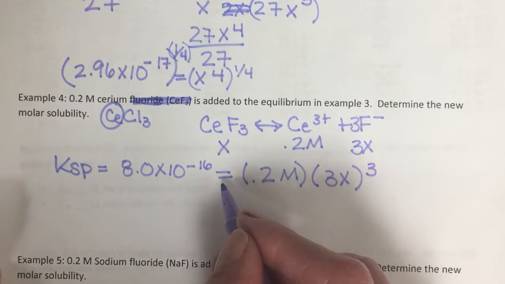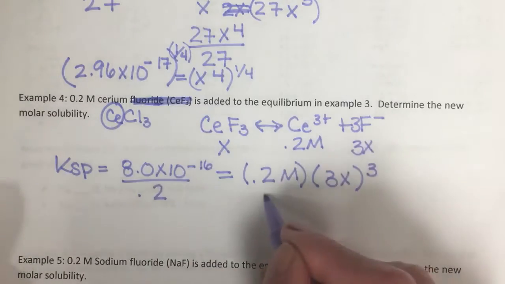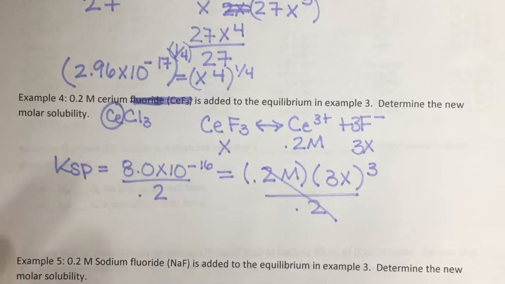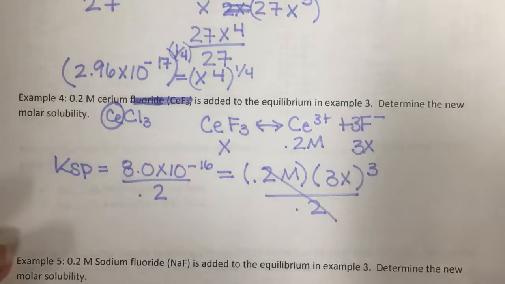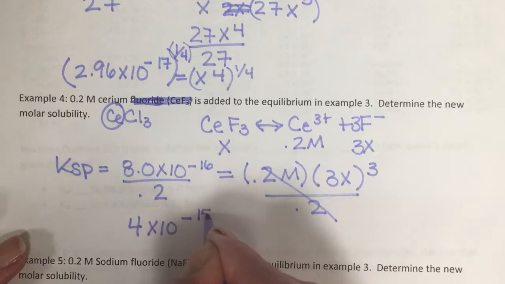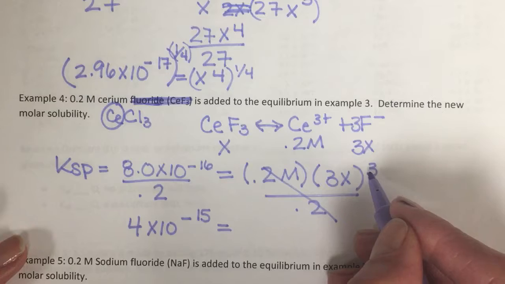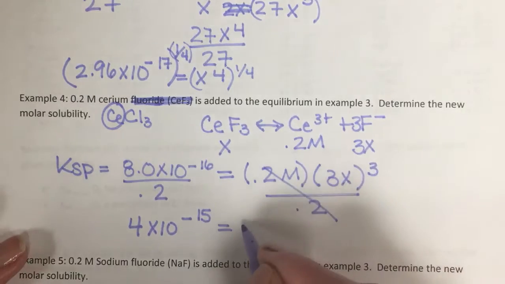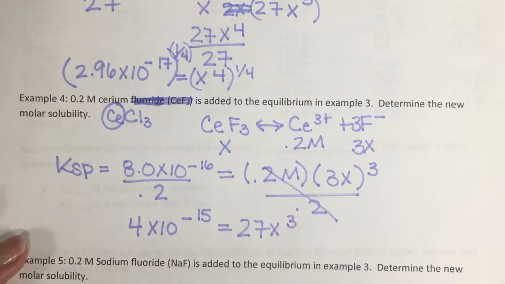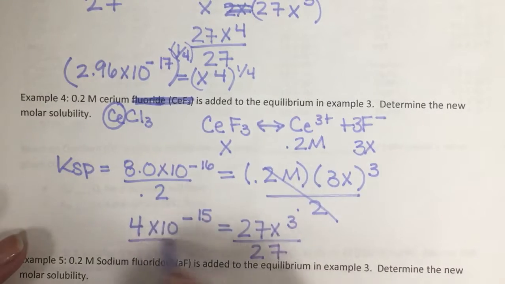So I'm going to take both sides and divide by 0.2. So then I get 4 times 10 to the negative 15 is equal to 3 times 3 is 9, times 3 is 27, x cubed.